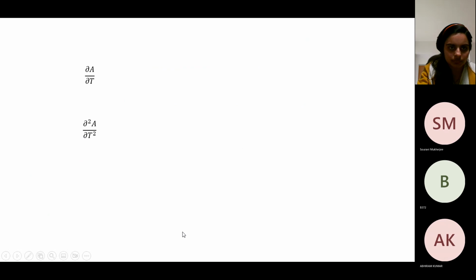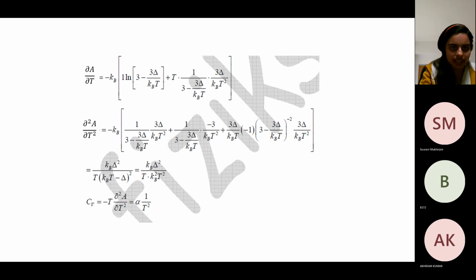You have to find del A del T and del square A del T square, and you'll see that this is what you get. A is actually F, the free energy, and C_V then only depends on minus T del square A del T square.